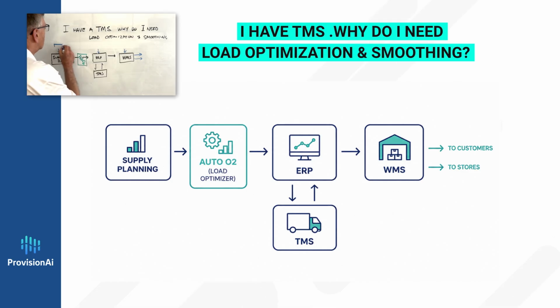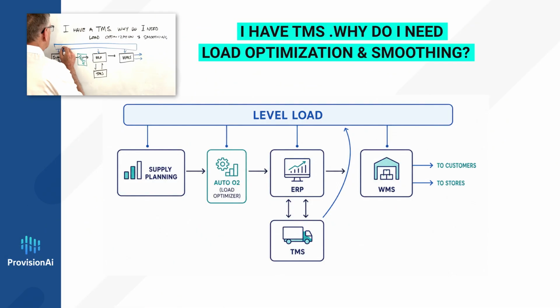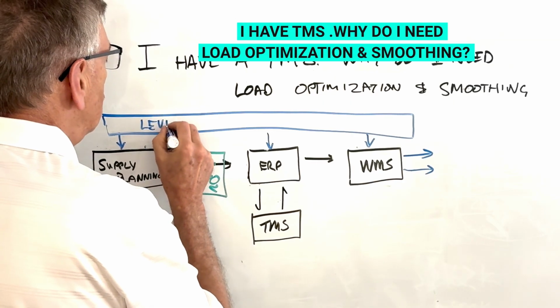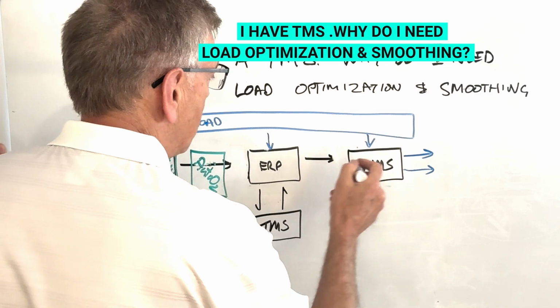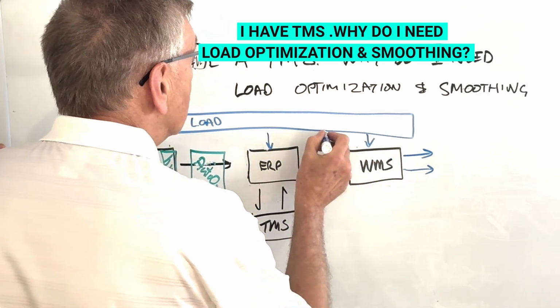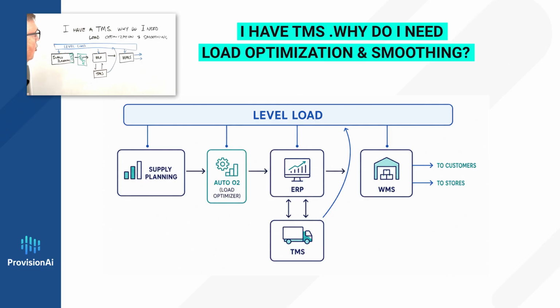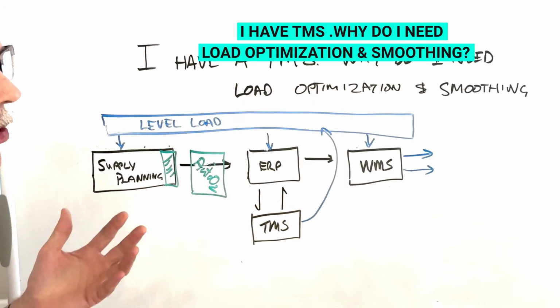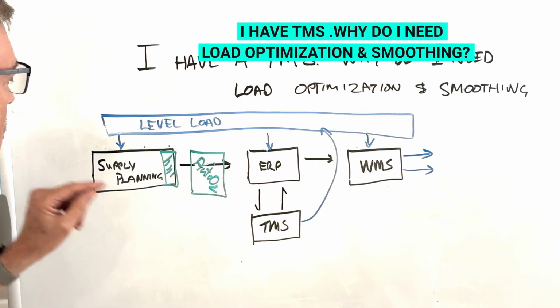So if you look at this whole concept of level loading, what you're trying to do is use level load to coordinate all these systems, the ERP, the WMS, and the TMS, because the TMS has freight cost information, and we want to use carriers that are most appropriate, which means generally we want to have our first or second on our routing guides.